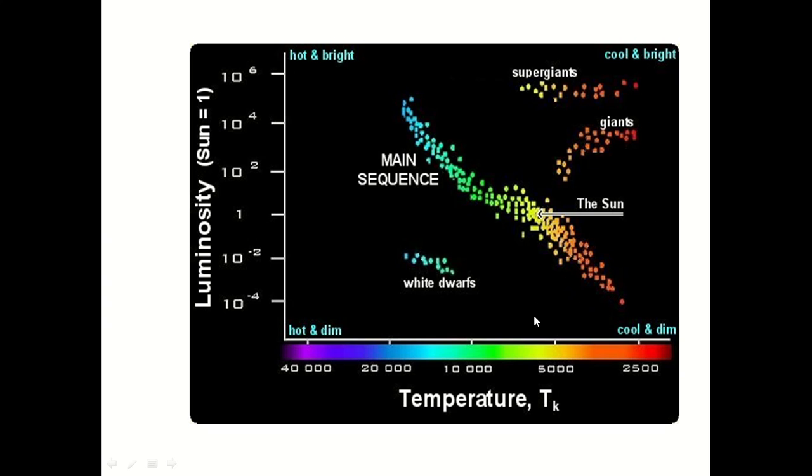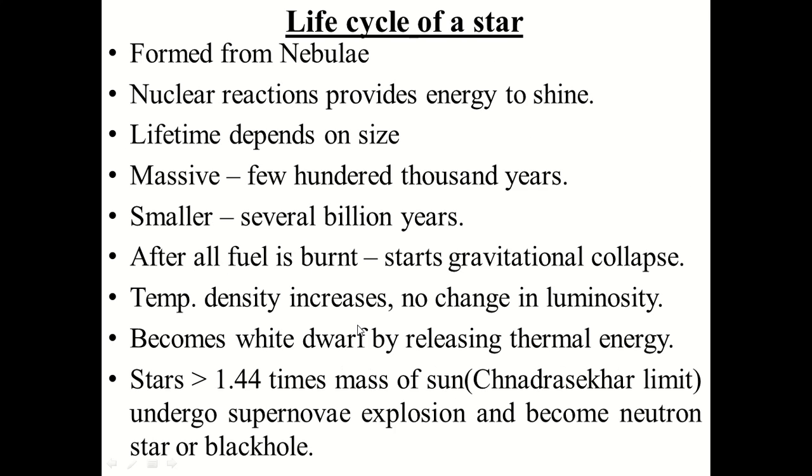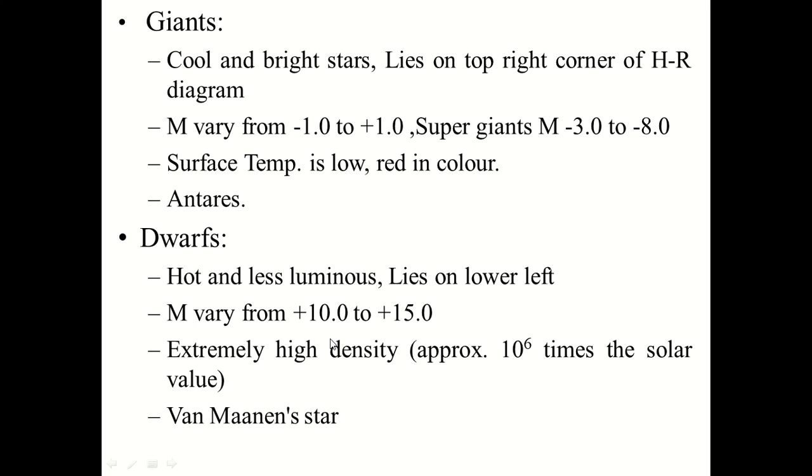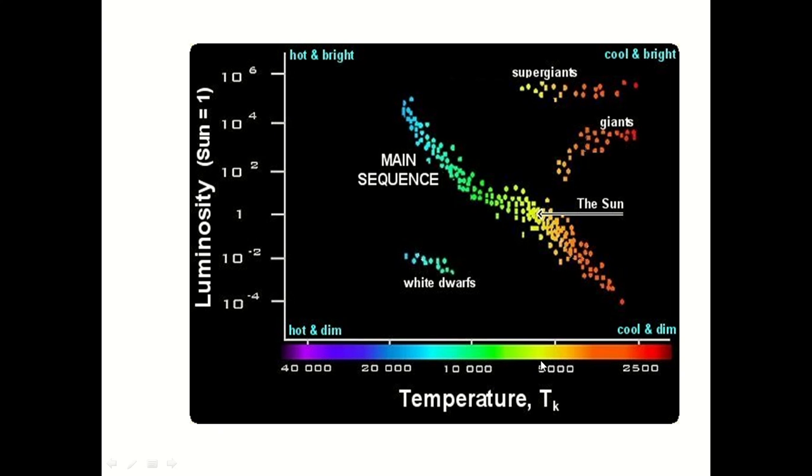That means if you consider the x-axis and y-axis of this HR diagram, on the horizontal axis the temperature is decreasing as you go from the origin to the right side. So as you move in this direction, you can see that temperature is decreasing.